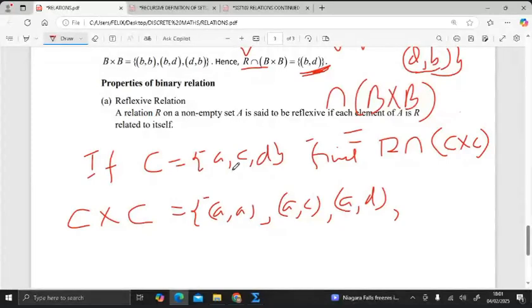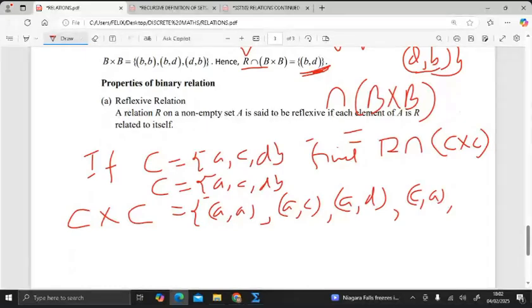So what you're supposed to have here is the Cartesian product of C and C. And here we shall have AA. We shall have, yes, AC. We shall have AD. You can see that I'm having AA, AC, AD. Look at this carefully.